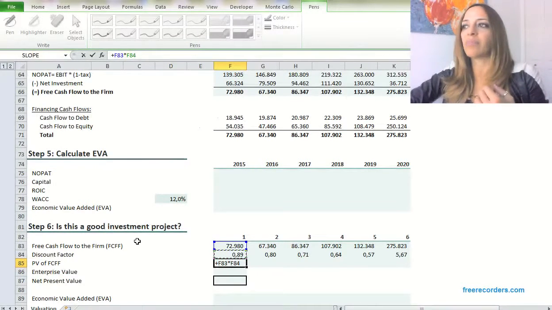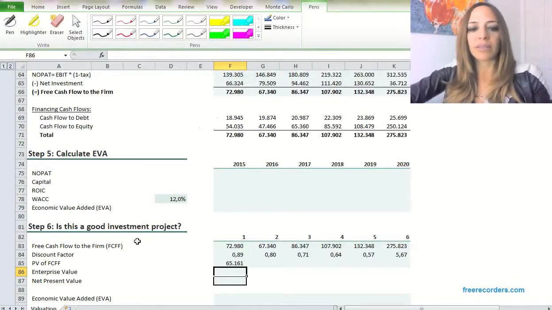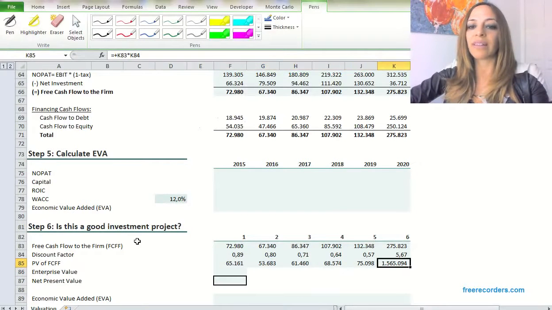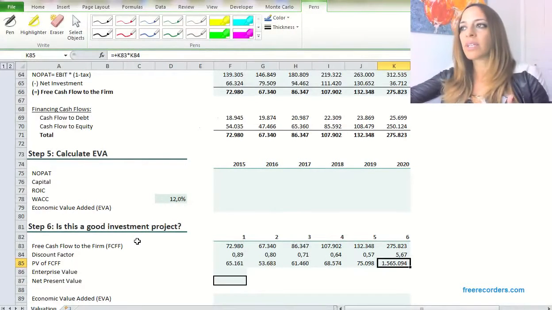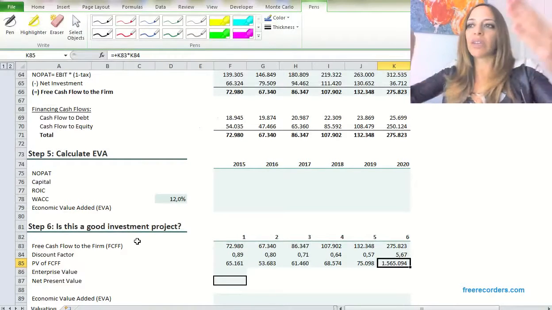It's 89% of such value, which is $65,000. We repeat this for every year. Recall that the last one is bigger because it means we are adding all the cash flows from year 6 on growing at 2%. The effect of using that 2% in the discount rate is to take into account the perpetuity.